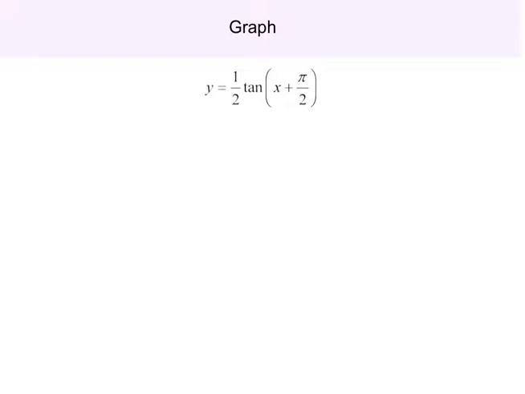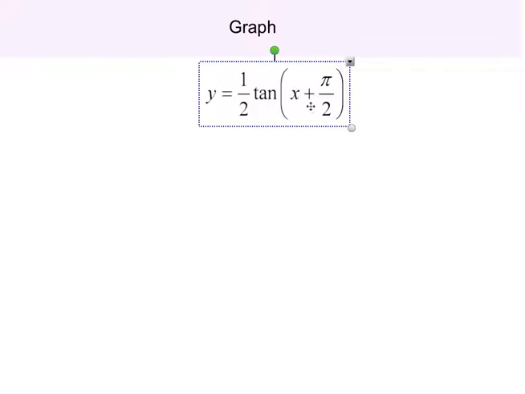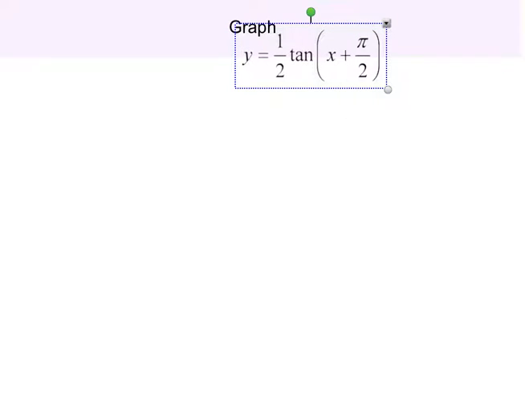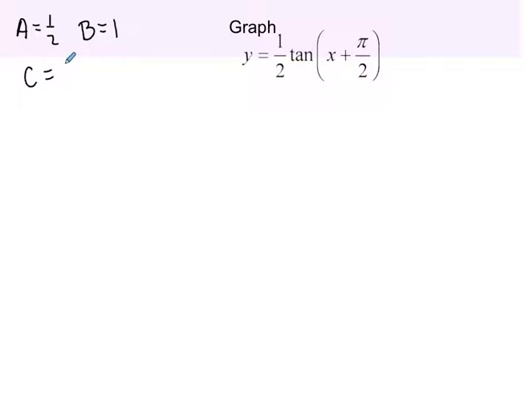Now, let's graph a tangent curve with some transformations. The first step is to decide what A, B, C, and D are. And you can tell by looking at this, A is 1/2, B is 1, C is pi over 2, and D is 0.